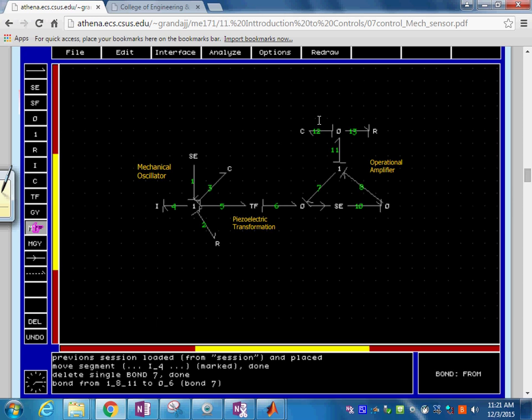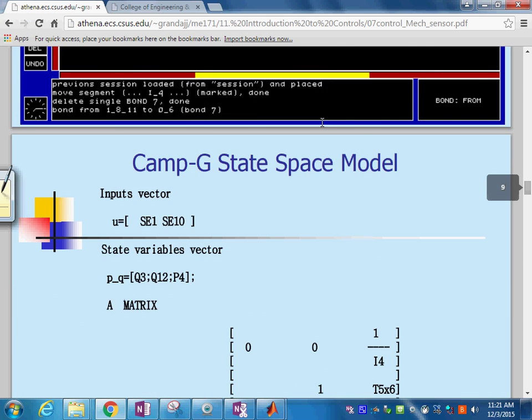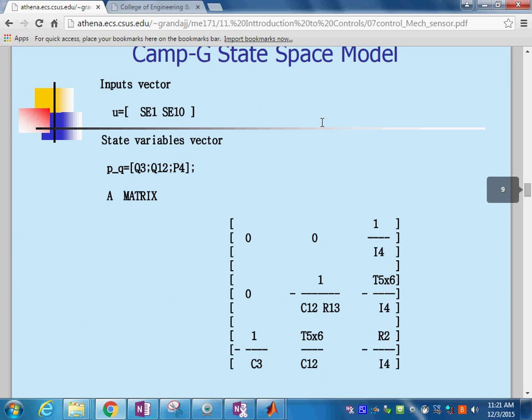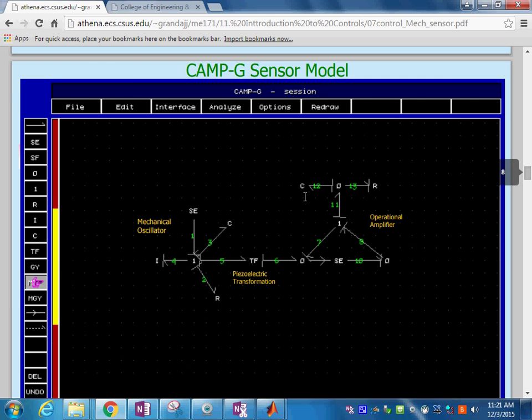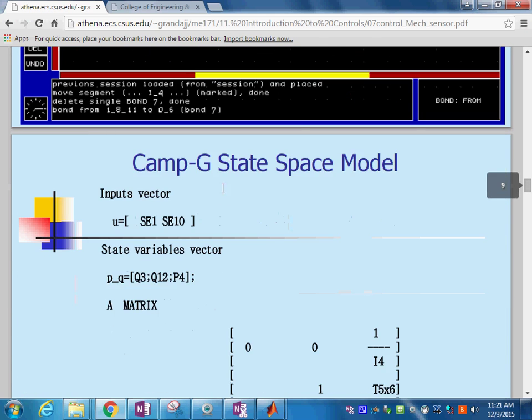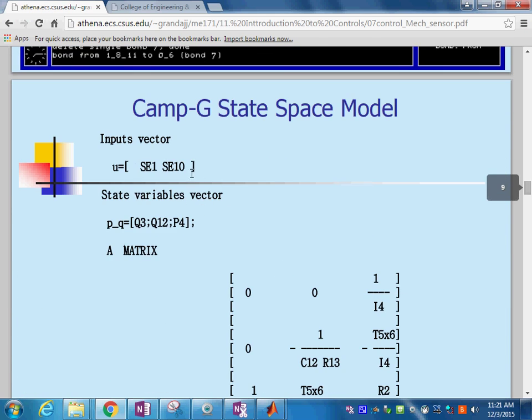Okay? And so if you put this into CAMP-G, you're going to get this output.